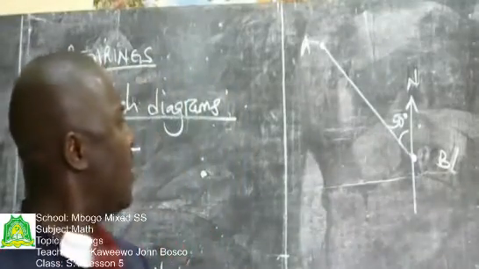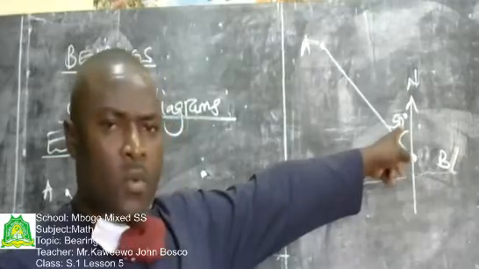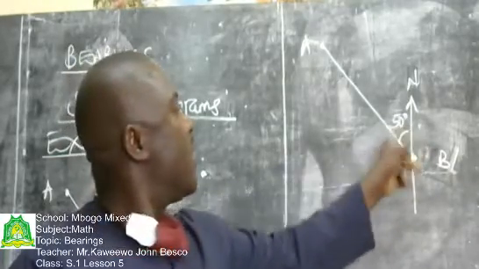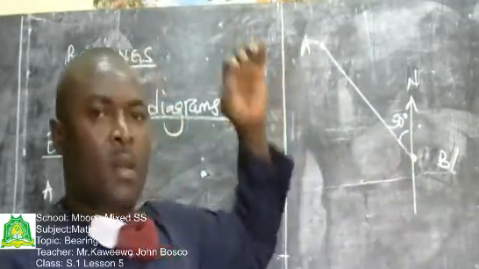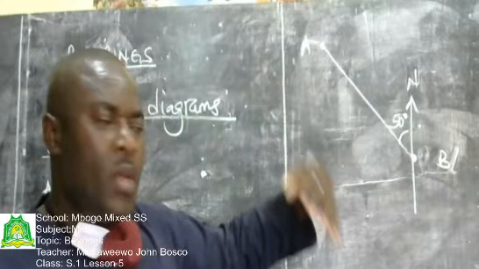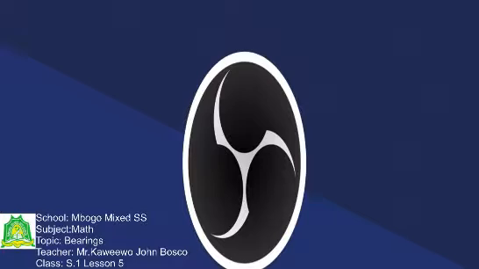A person may look at this angle of 50 degrees and think that maybe the bearing is 50 degrees. But when we are dealing with three-figure bearings, we consider bearing measured from north and strictly in the clockwise direction. So we are going to look at the angle which is here.